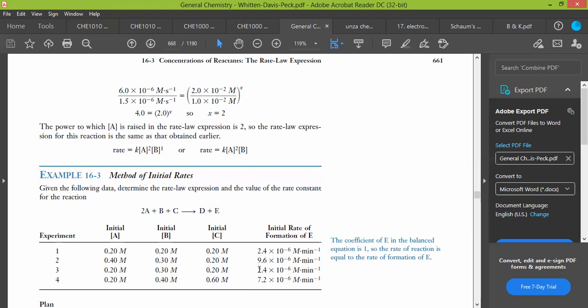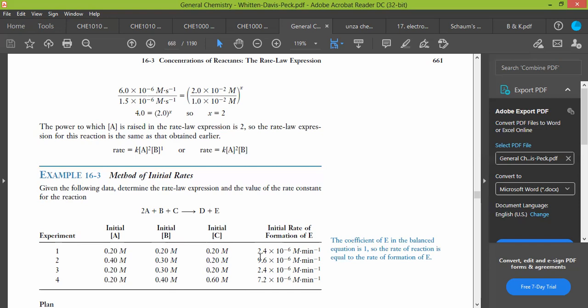Since the rate has not changed even after changing the concentration of B, this simply means that this particular reaction with respect to B is 0 order. So I've already established that 0 is what? 0 order. Why?